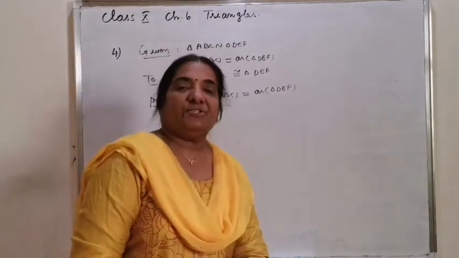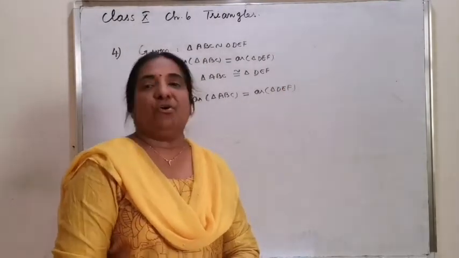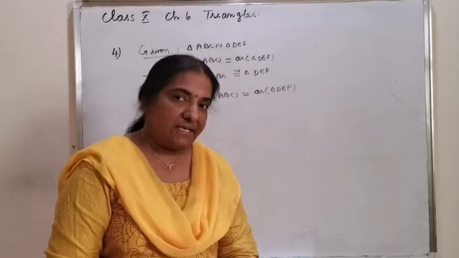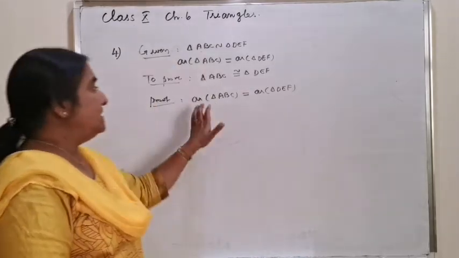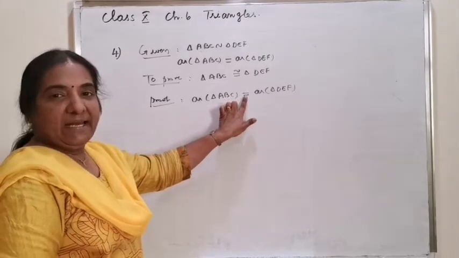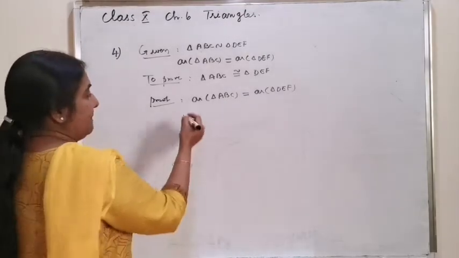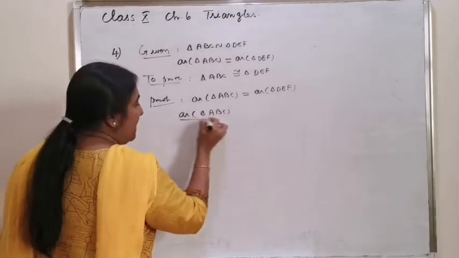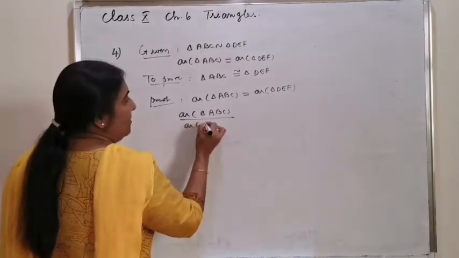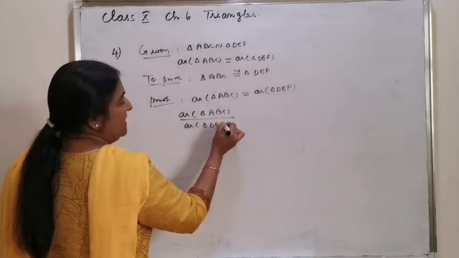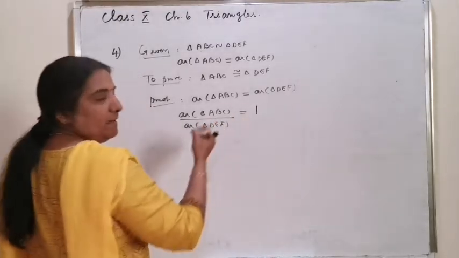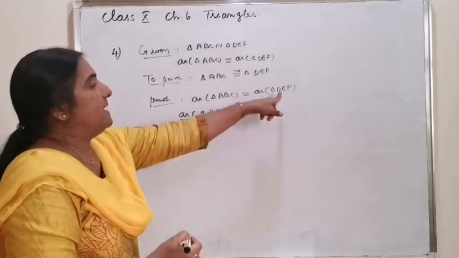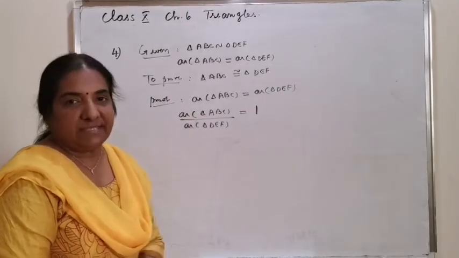The area theorem is always a ratio of areas of triangles. How can we make this equality sign a ratio? Area of triangle ABC by area of triangle DEF can be written as 1, because if you cross multiply, it is the same result.